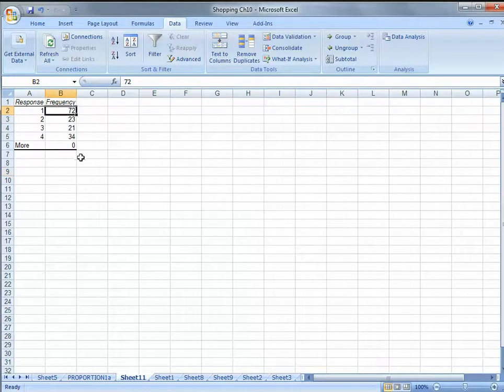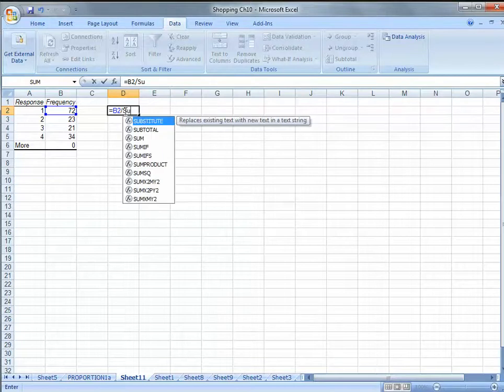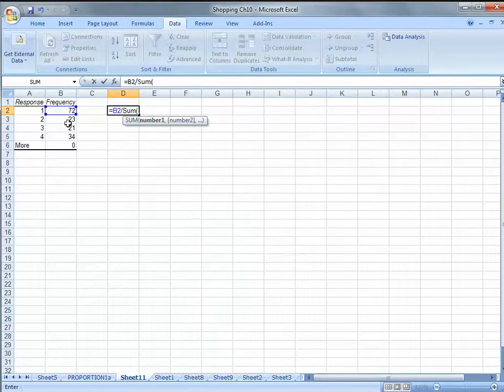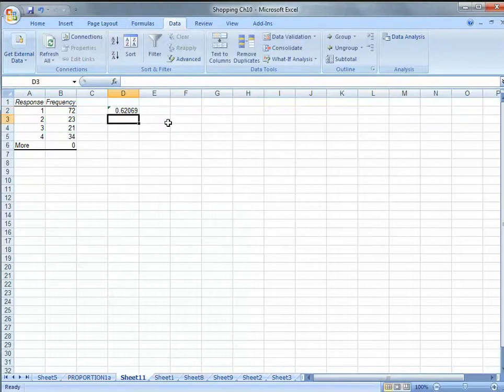And so my proportion is not 72 divided by 150, but it's equal to 72 divided by, excuse me, I'm typing with one hand here, the sum of those who voted for one of the 3 malls. There's the proportion we need, 62%. Of those who voted for one of the malls, 62% said Springdale is the place with the best exchanges.